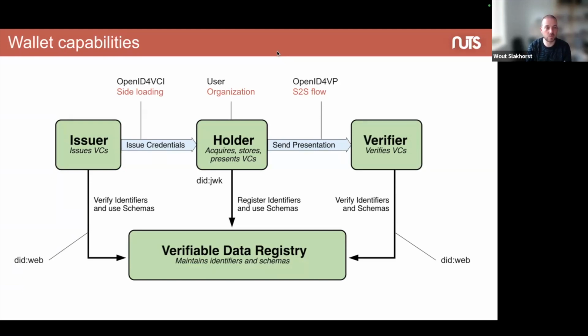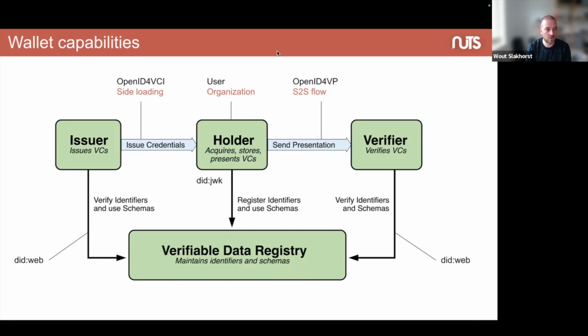So maybe we have the first organization cloud wallet already here for the entire world. Who knows? But there's a challenge with this, because getting credentials in your organization wallet without users, or using your organization wallet without users, is not standardized yet. So those are the two red tags there.